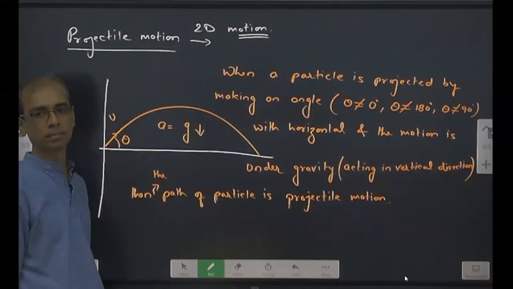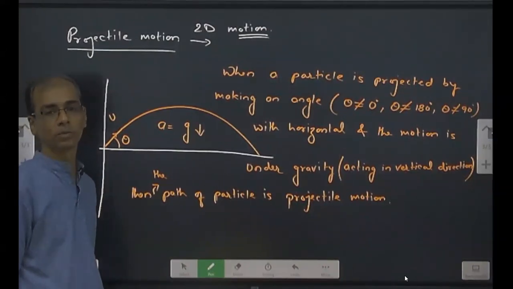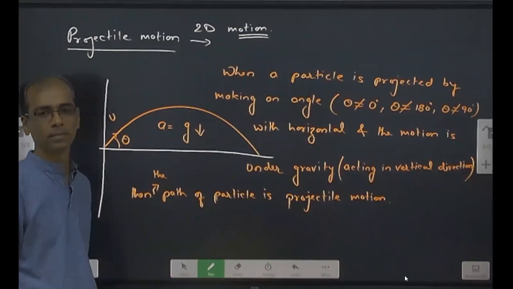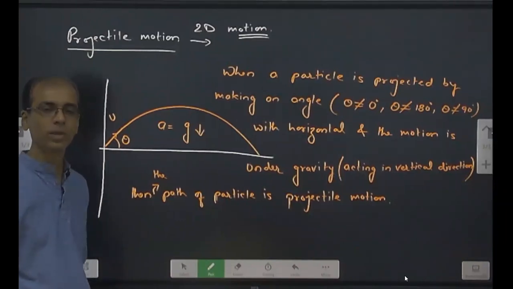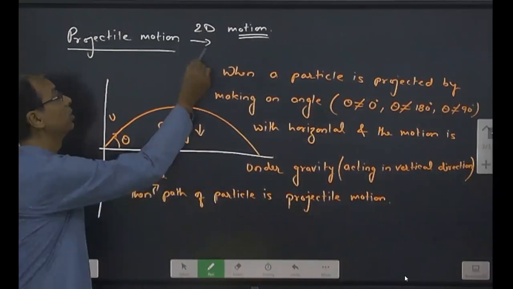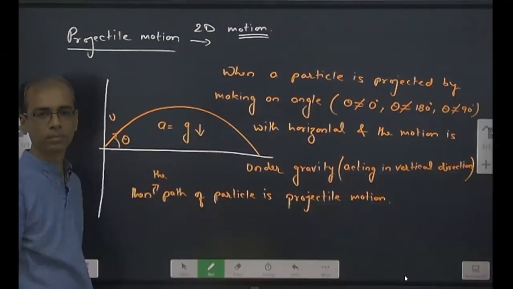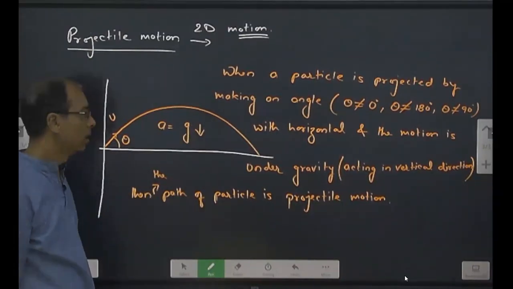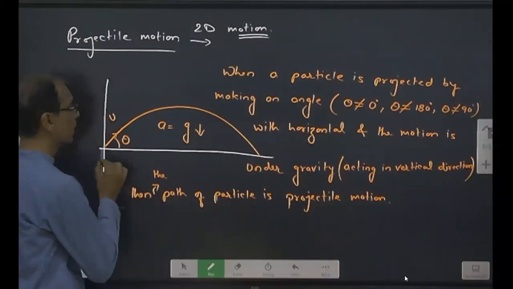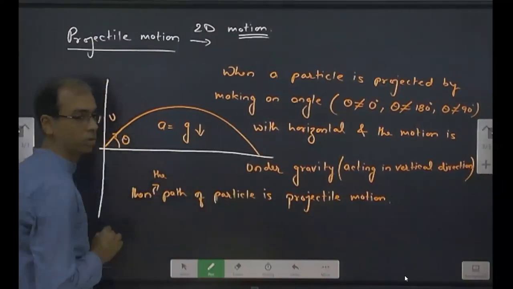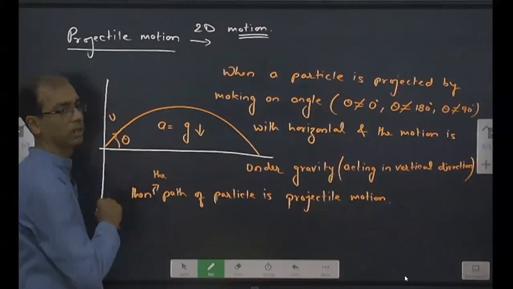So is it 1D motion or projectile motion? It's 1D motion, sir. That's why it's not projectile, because projectile is 2D motion. In projectile, you are traveling in the horizontal direction also, and you are moving in the vertical direction also.